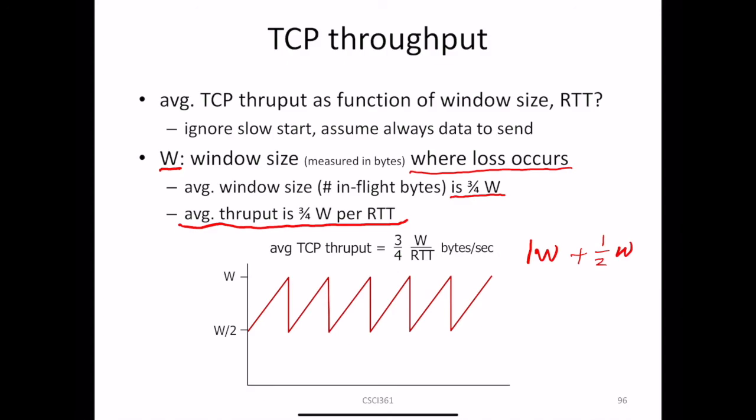If we want the average, we use these two values and divide by 2, and then we get 3/4 window size. Therefore, the average TCP throughput should be 3/4 window size divided by the round trip time, in bytes per second.